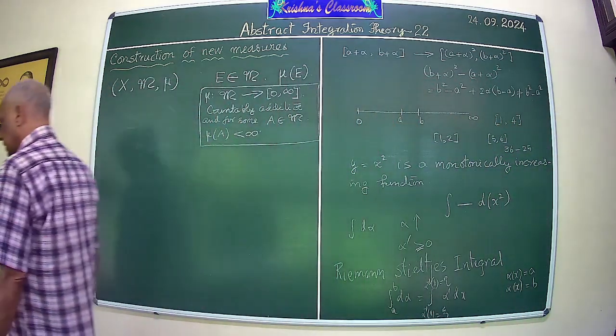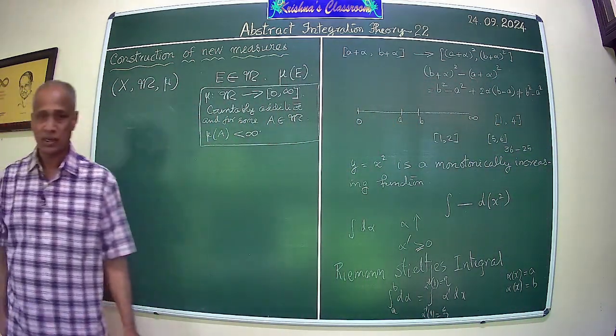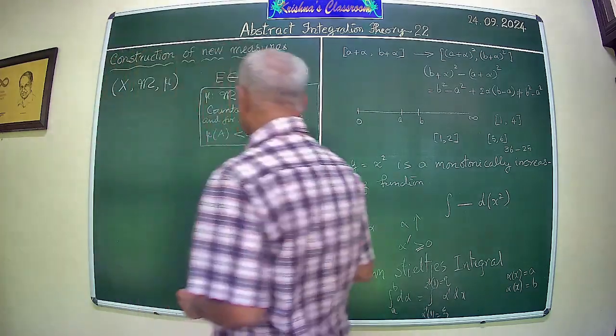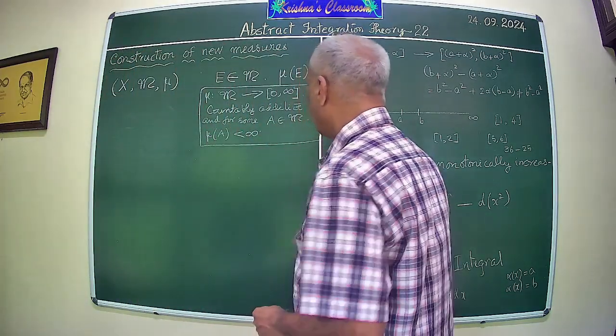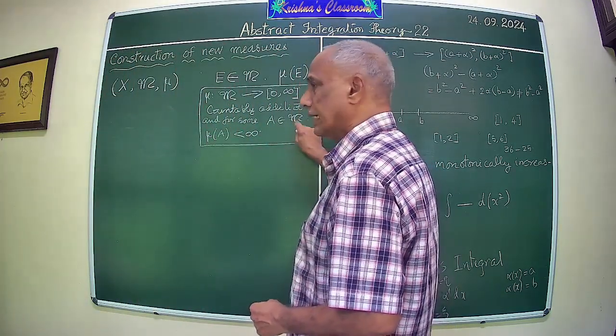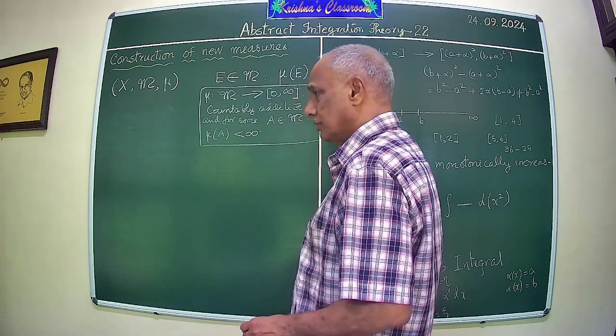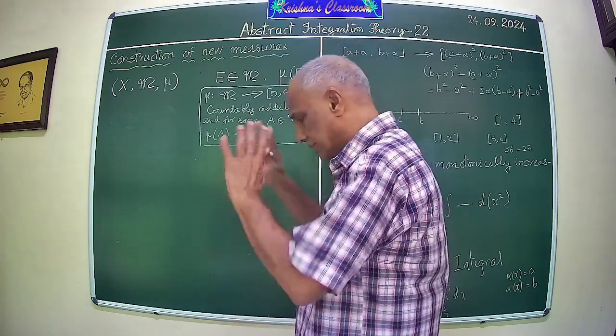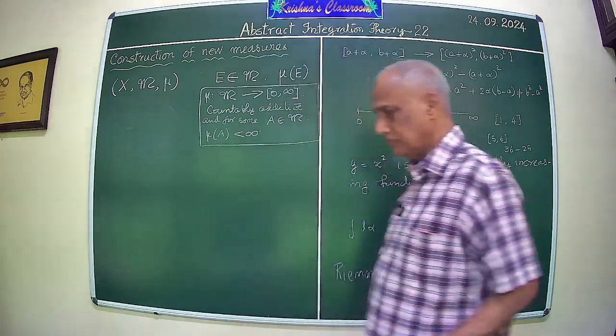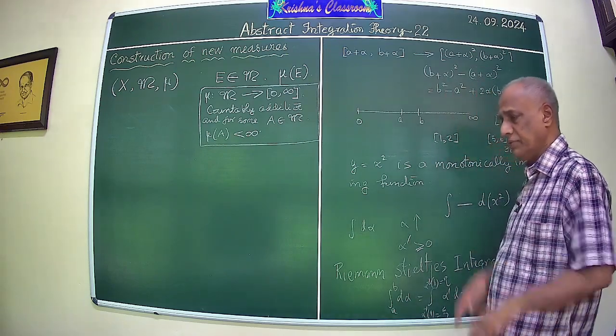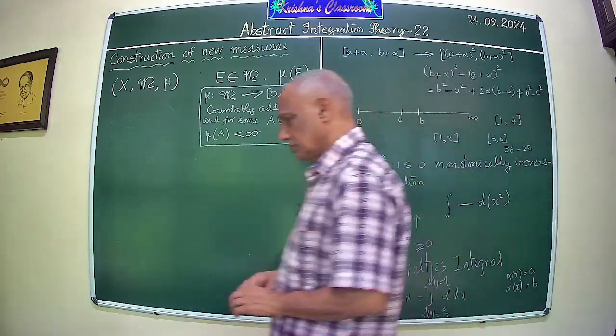Now the question is, as we did by rigging the measure of the content of M, can you introduce a new measure?